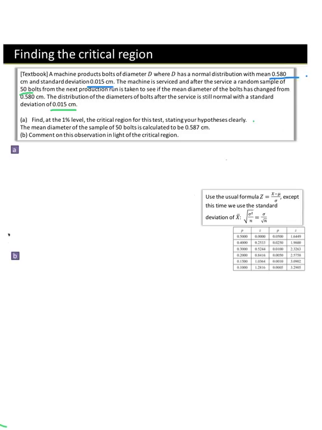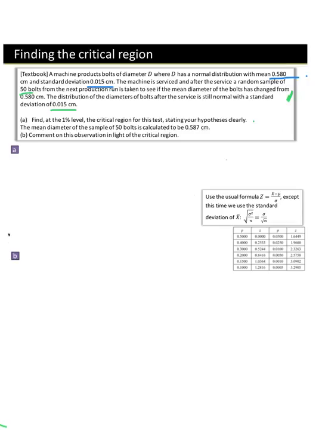Now we can see here, this section says that a sample of 50 bolts from the next production run is taken to see if the mean of the diameter has changed from 0.58. So in other words, it is not equal to that, and that means we are going to have to do a two-tailed test.